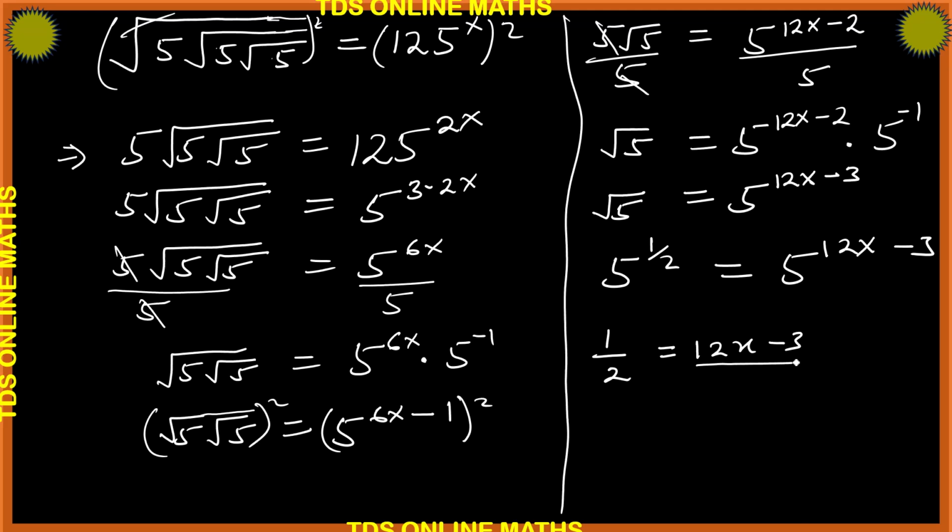So we can make this side a 1, 1 times 1, 1. So we have 2 times 12x minus 3. So we have 1 equals 24x minus 6.